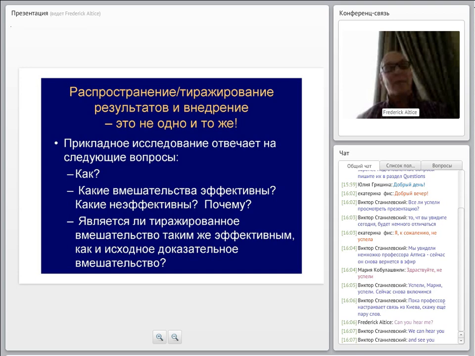Where operations research and implementation science differ from dissemination, so not just putting diuretic therapy into a clinic, is that they answer the question how. How do you put the diuretic therapy into routine practice? What works and what doesn't work? Do you need a nurse to educate patients?